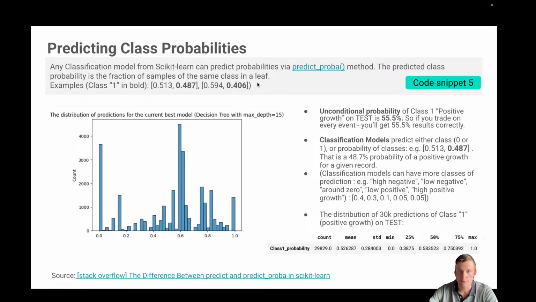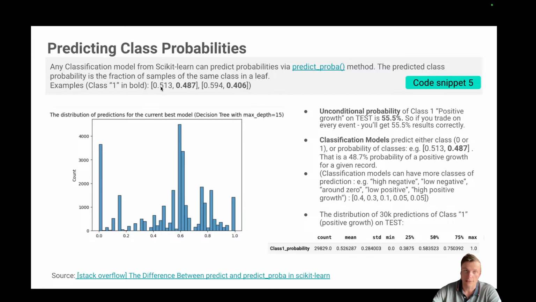So in simple terms, you use the predict_proba method, and we have just 2 classes in a classification rule, so we do not extend it to more advanced things where we can define classes of fast growth, small growth, high negative growth, etc. We have only positive growth and negative growth, 2 classes, and the model gives 2 predictions for each record.